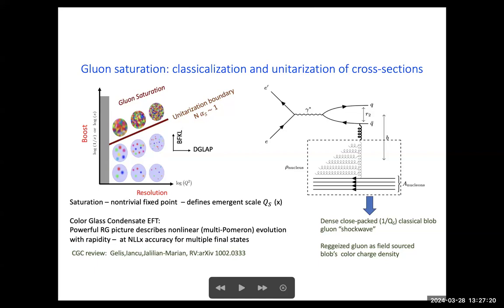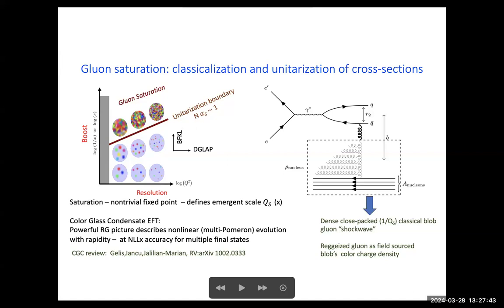So in the semi-classical picture, think of this as some very complicated amplitude. At high energies, you can replace that by a classical field. It's a color charge density. And this color charge density is classical because it lives in some higher dimensional representation of the algebra.